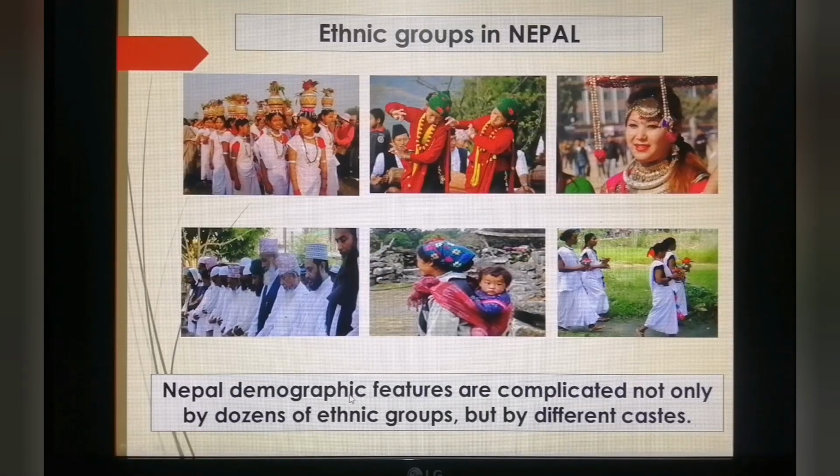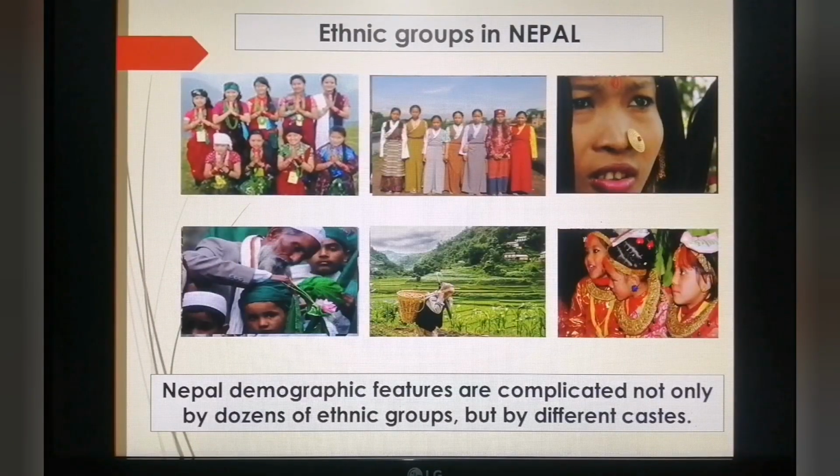Students, I can remind you again, demographic means regarding population. So Nepal's demographic features are complicated. It is very complex, not only because of dozens of ethnic groups, but also different castes. There are many different castes living in Nepal.